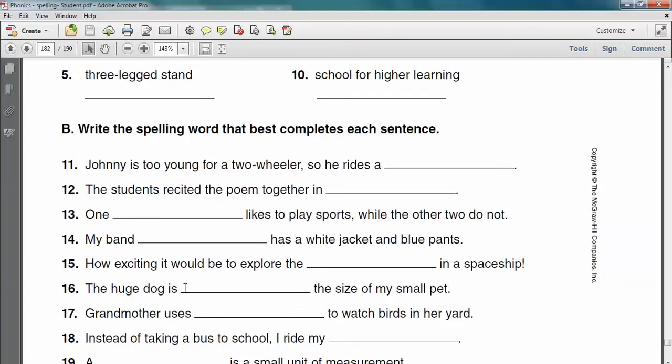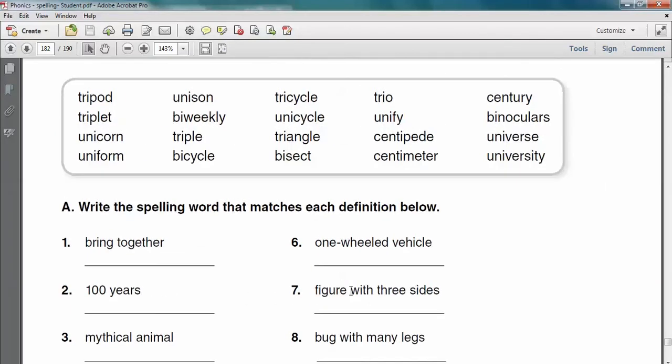Then the huge dog is what the size of my small pet. We want to say it is bigger than the small pet. We had this word here, which is triple.